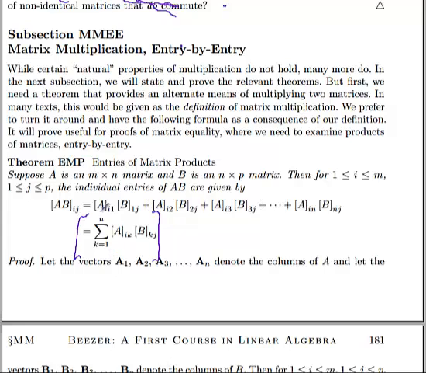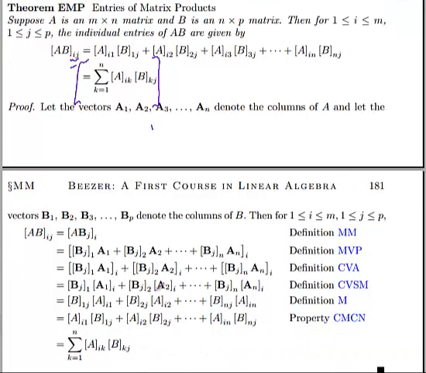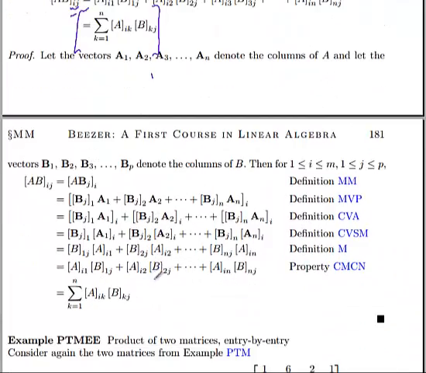What this basically means is that to get the ij entry of the product, you take the ith row of the first matrix and the jth column of the second matrix, and inner product them together. All right, so here's the formula. And there's a proof here that this agrees with the method that we've been using.